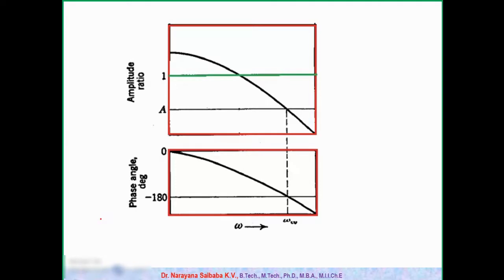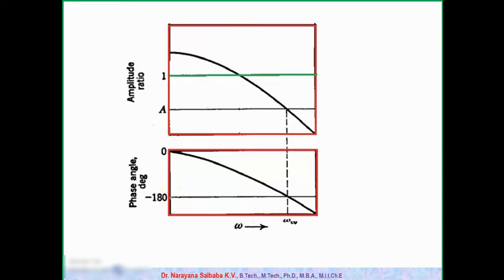Here we have a typical Bode diagram for the given control system. We have two plots. One is log AR versus log omega, and the second one, the bottom one, is phase angle versus log omega. The top one is a log plot and the bottom one is a semi-log plot. In determining the stability, first we have to determine the crossover frequency.